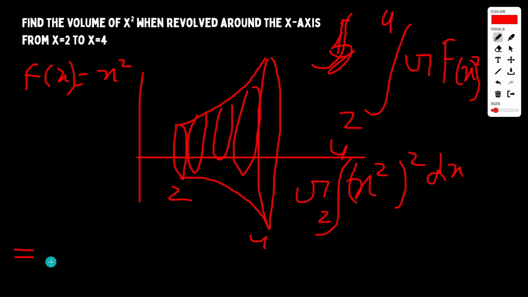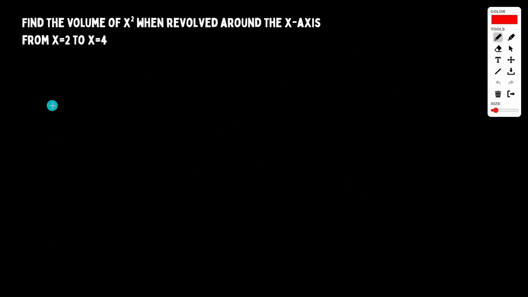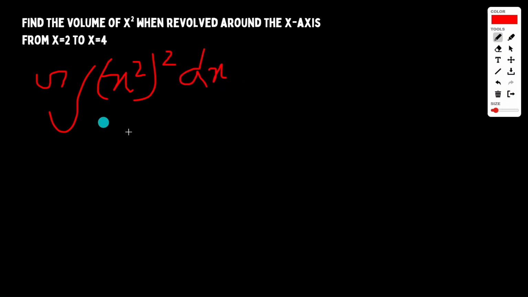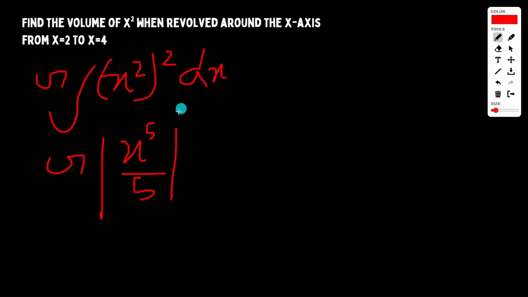If we were to evaluate this integral, it's going to be pi times x to the fifth over 5, and the limits were 4 and 2, so we can just write 4 and 2 over here.